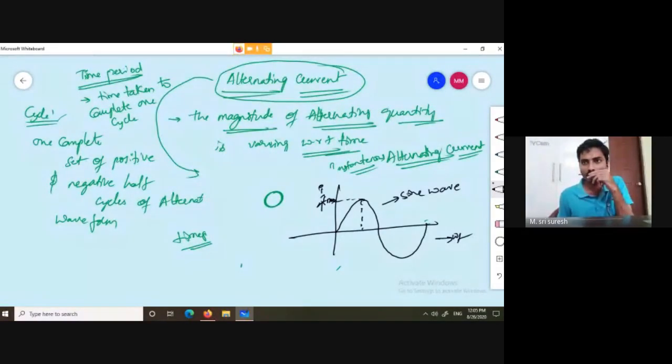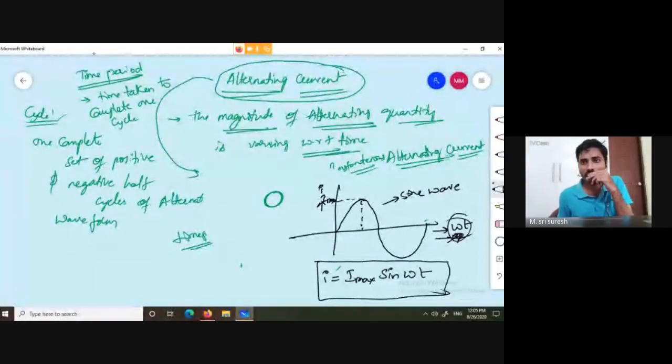If you take the x-axis as omega t, we can write the instantaneous current equation as i equals I max sine omega t. The peak value is I maximum, the waveform is sine, and the x-axis is omega t. In the same manner, we can represent the instantaneous alternating voltage expression.